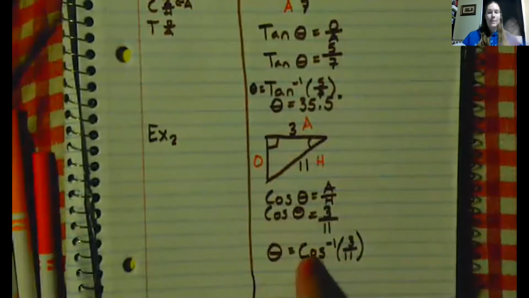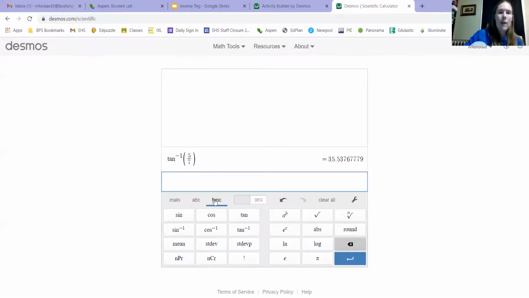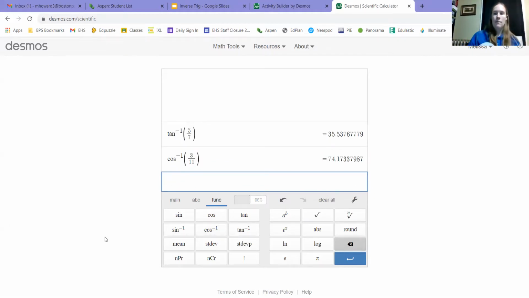To do the opposite, you're finding the inverse of that 3 over 11. Again, I'm going to go back to my Desmos calculator. I want to make sure I'm on function. Then I do the cosine with the little -1, and I have 3 divided by 11.